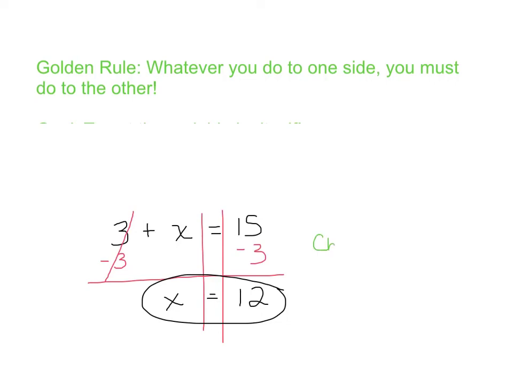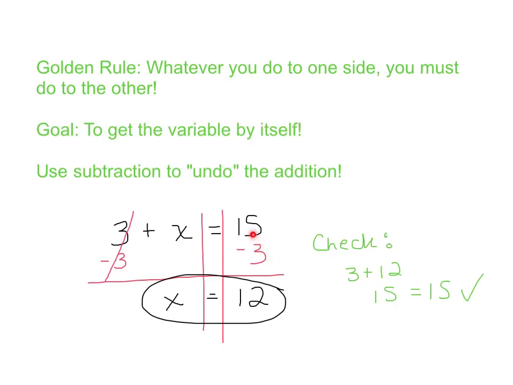Once again, I can check it and say, what does 3 plus 12 equal? It equals 15, so 15 equals 15, so my check works. So what I want you to focus on is making sure you're showing your steps like this.